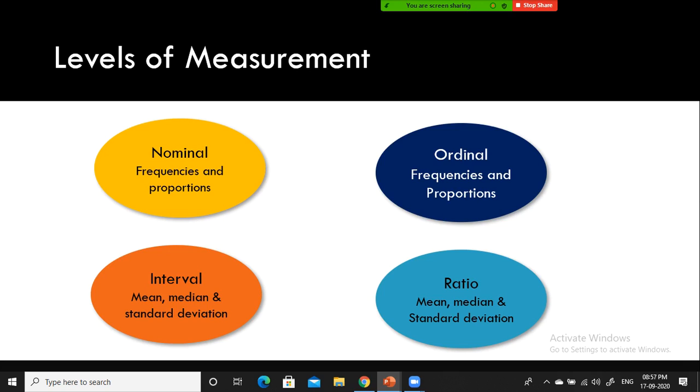Some people call it a non-parametric variable, or some call it a categorical variable. Look here, these two, the nominal and ordinal, are called categorical variables, and some people call them qualitative variables, some call them non-parametric variables. So these are the four basic scales of measurement in statistics.